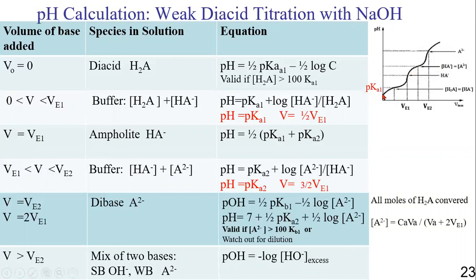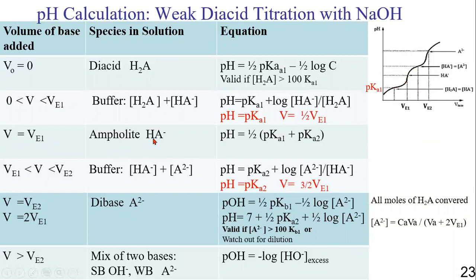Here again, my H₂A is decreasing while my HA minus is increasing, until all the H₂A has been used up and has reacted, and all of it gets converted to HA minus. What is that? Yes, absolutely, that's at my equivalence point. So what is the pH at this volume equals equivalence point?